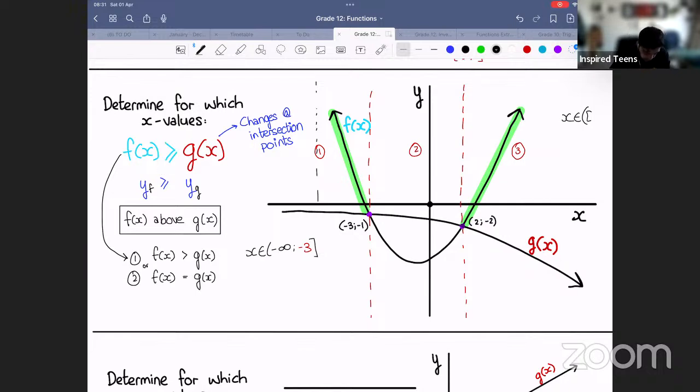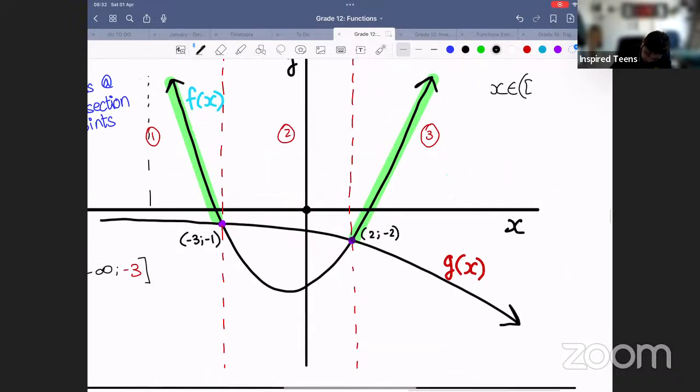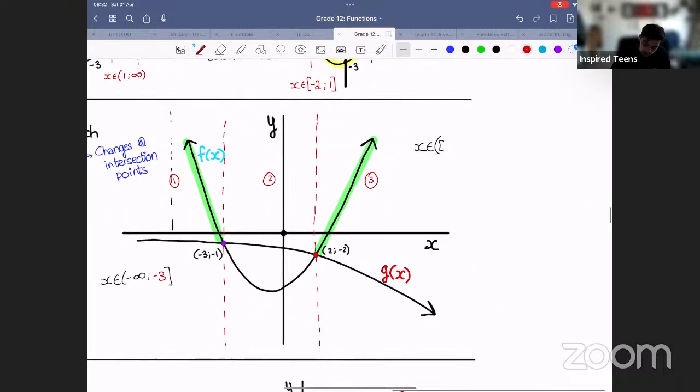That's why we include it, because at 2, f of x is equal to g of x, because that is the intersection point at 2. So in that case, we can now say include 2.